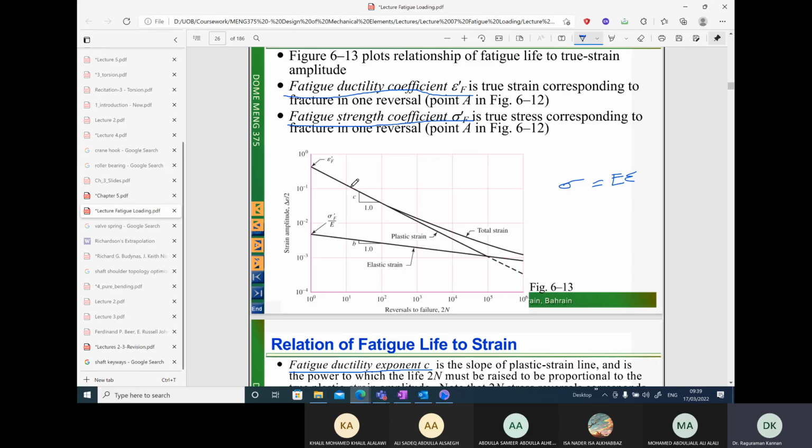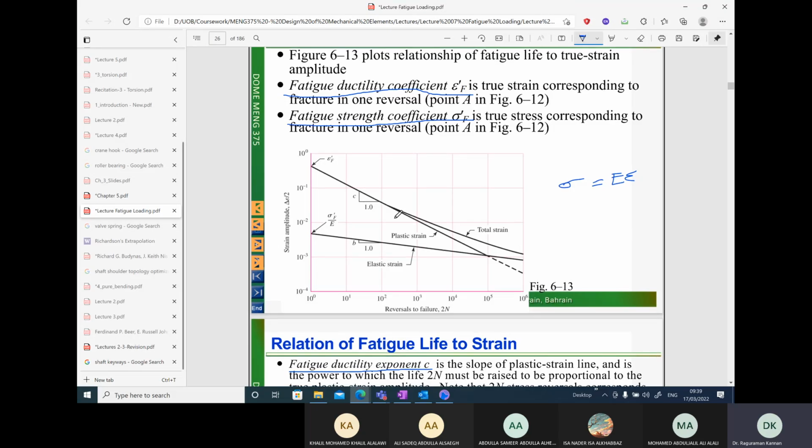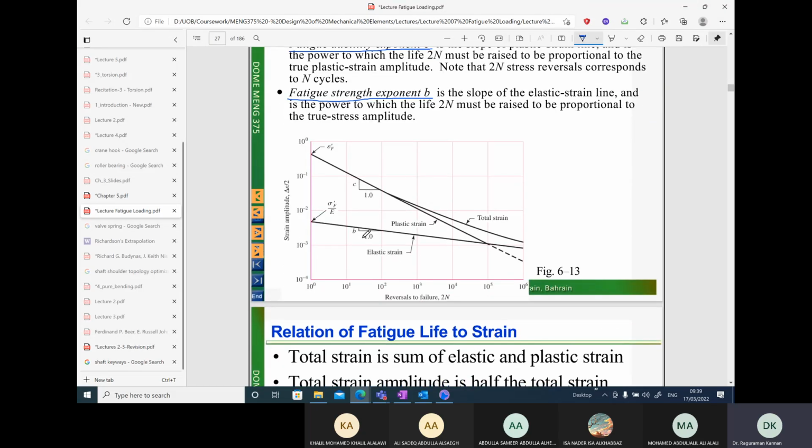Elastic is strength, and for plastic we call it ductility. So that is the only difference here. Coefficients and exponents. Why do we call it exponent? Because there is a relationship between strain and log of number of cycles to failure, and this log could be natural logarithm or base 10, and therefore the slope comes out as an exponent.